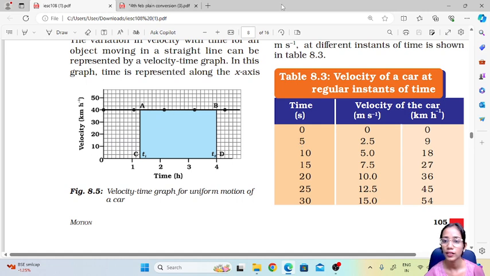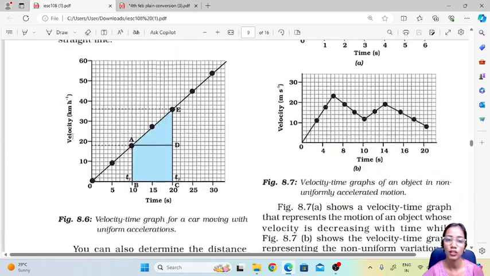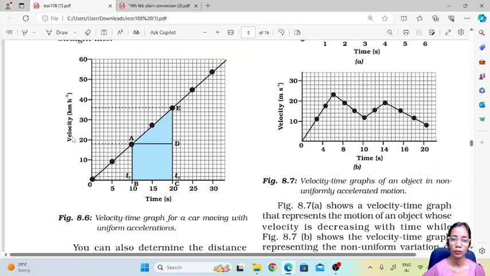For 5 minutes the velocity is 2.5, for 10 it is 5.0, for 15 it is 7.5, so the velocity change is uniform. So this is the example of a uniform acceleration, and when we consider uniform acceleration we will get this type of a graph if we plot it.